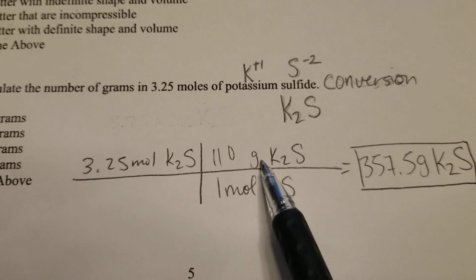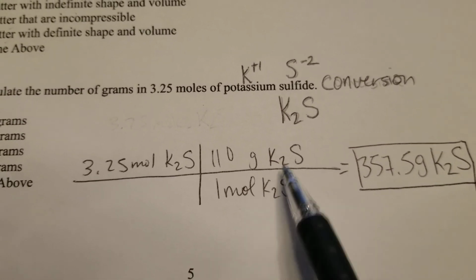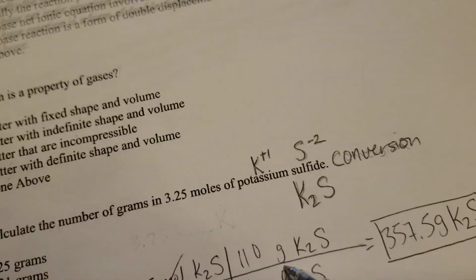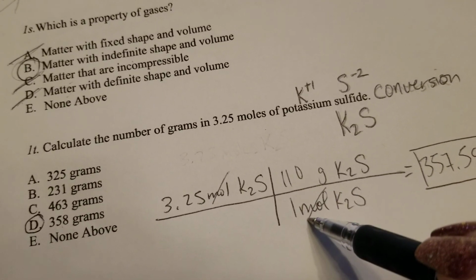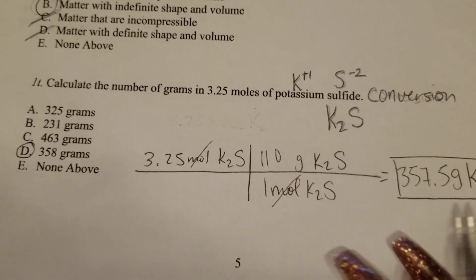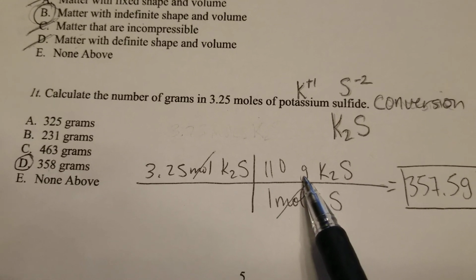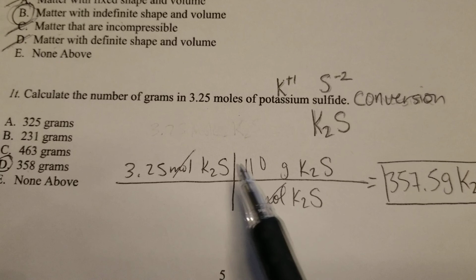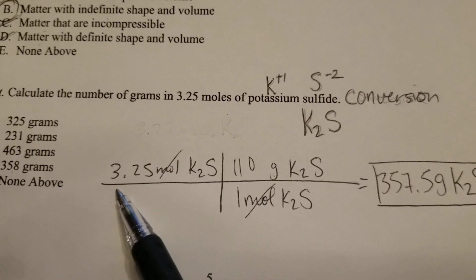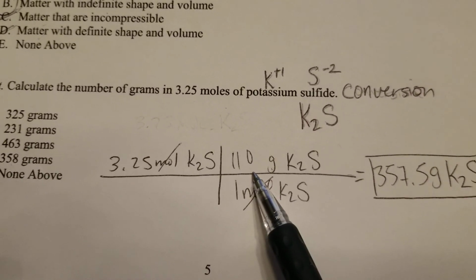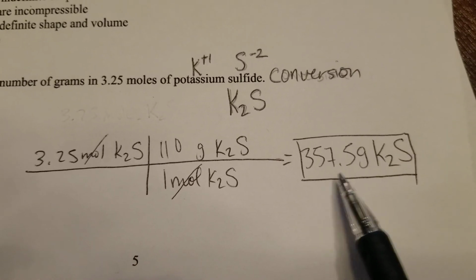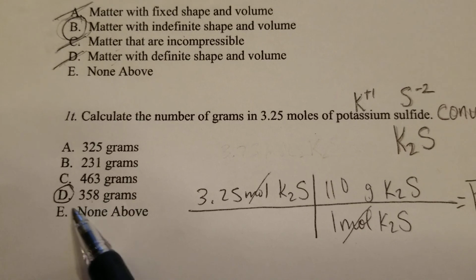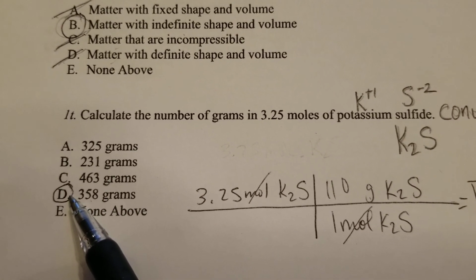And that's the amount of grams in 1 mole. So I set it up this way so that the moles cancel, and the answer is going to be in grams, because that's what the question asks for. I'm going to multiply these two numbers because they're both in the numerator. 3.25 times 110, and I get 357.5. When I look at my options, the only option that matches is letter D.